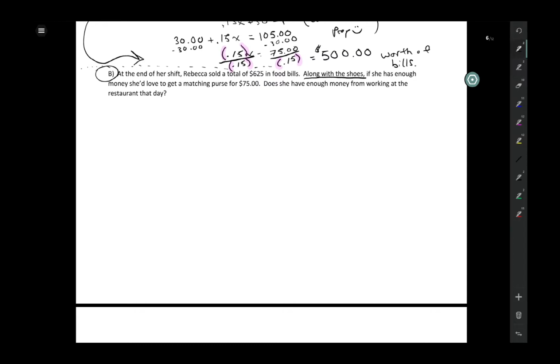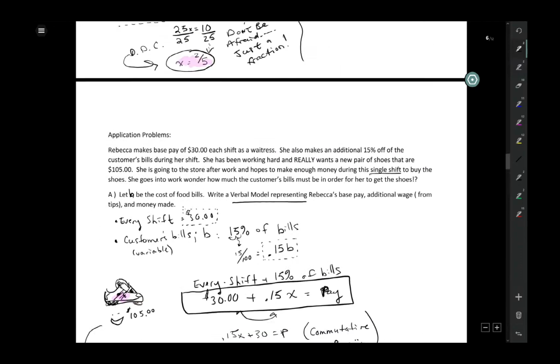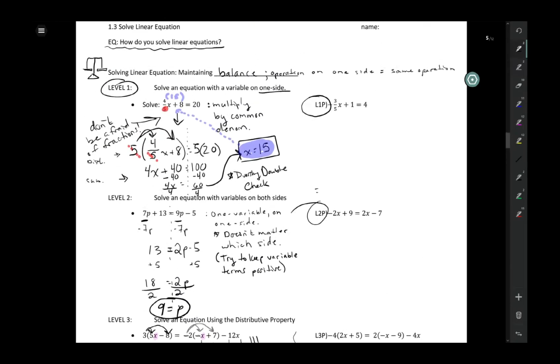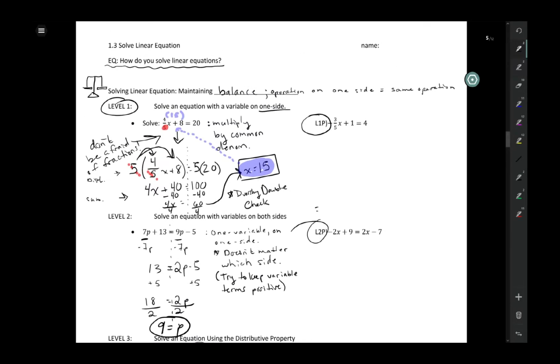So does she have enough money? If you're feeling the challenge, if you have some extra time, go back through, work on B, L3, L2, L1, but make sure that at least you answer the essential question.